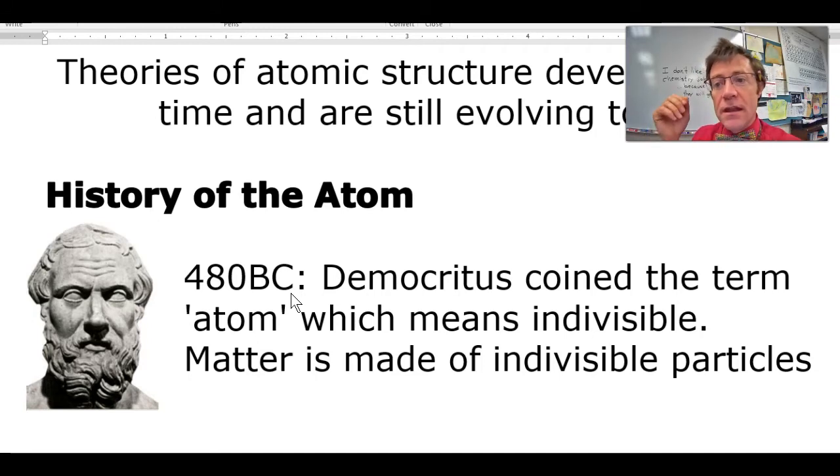So he figured that if everything else is made out of little bits of something, then there must be the smallest little bit possible, and everything is made out of that. And so he coined this word atom, I think it's pronounced atomos, which means indivisible or unbreakable, right? Did he have proof? Nah, he had no proof. He had an idea, and it just happened to randomly fall on the right idea. Lucky him.